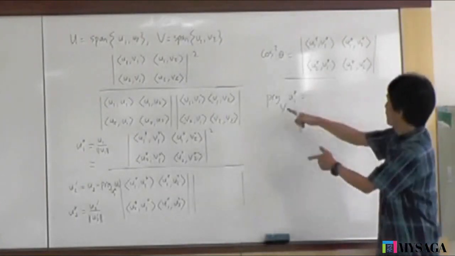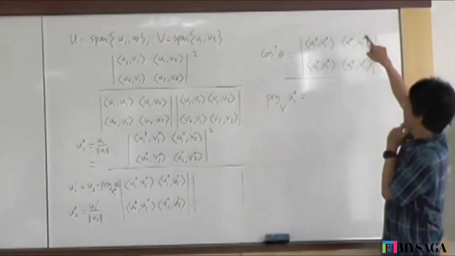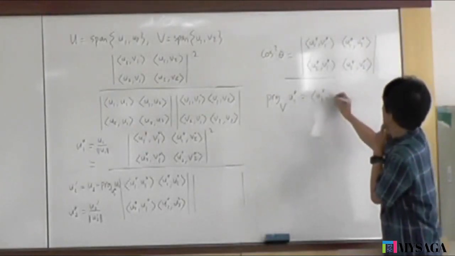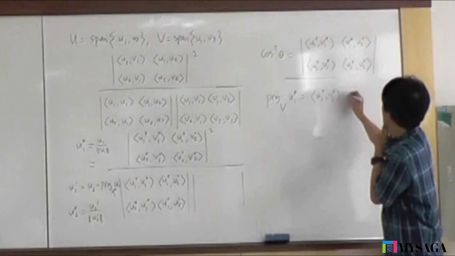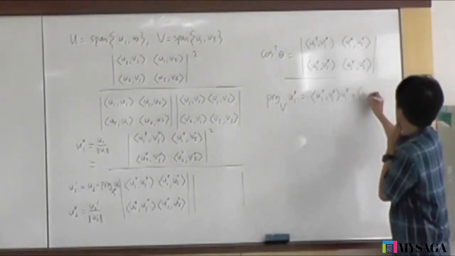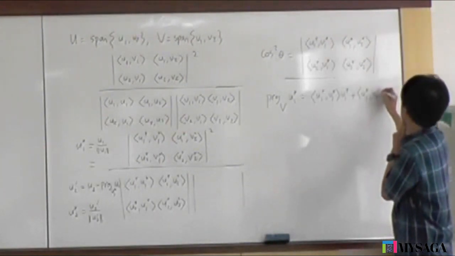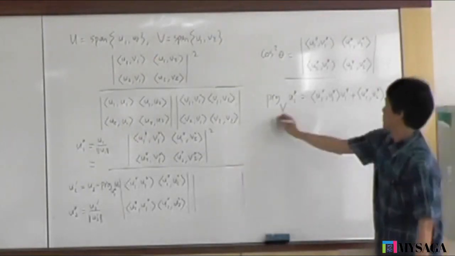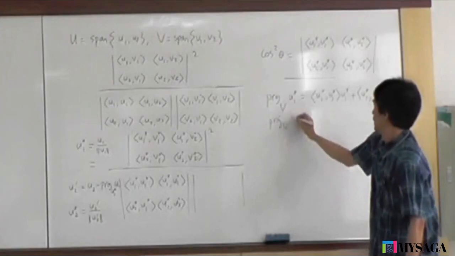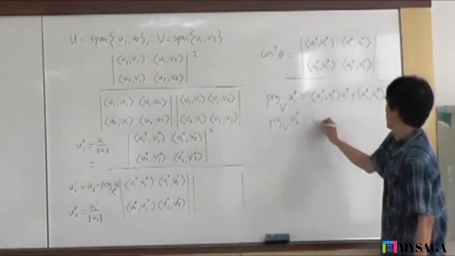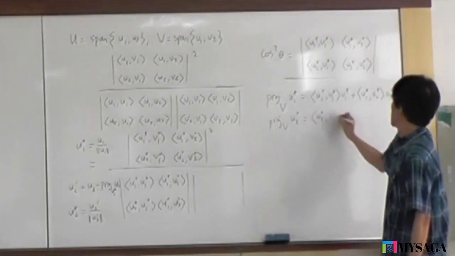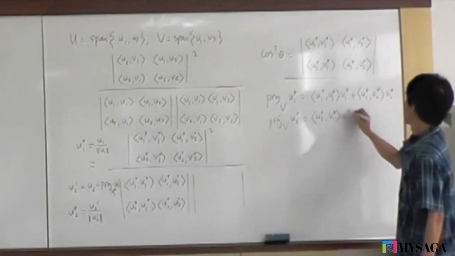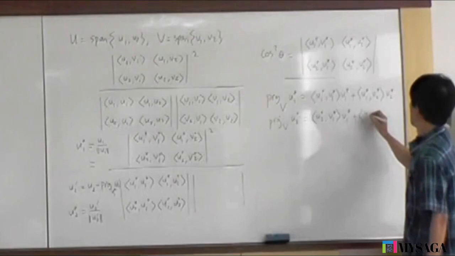If V is spanned by V1 star and V2 star, then the projection is U1 star dot V1 star, V1 star, plus U1 star V2 star, V2 star, right? And also the same with U2. This is what is nice about having an orthonormal basis.